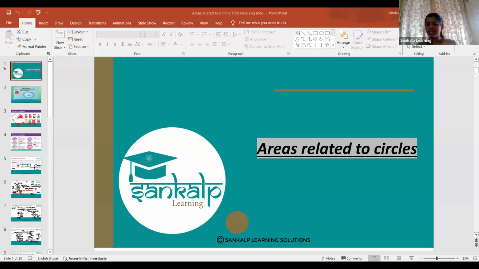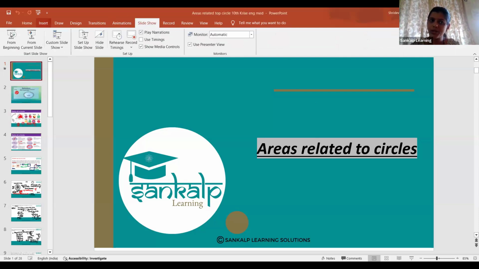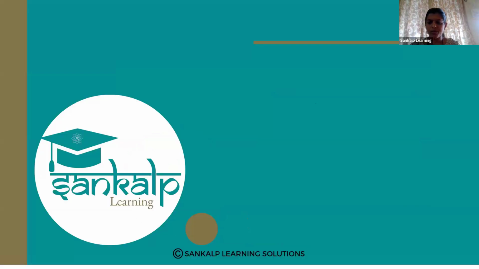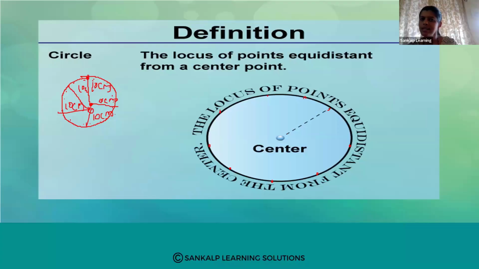In the last class, we started the chapter on areas related to circles. Yesterday we discussed what a circle is and the parts of a circle. A circle is the locus of a point equidistant from a center point.